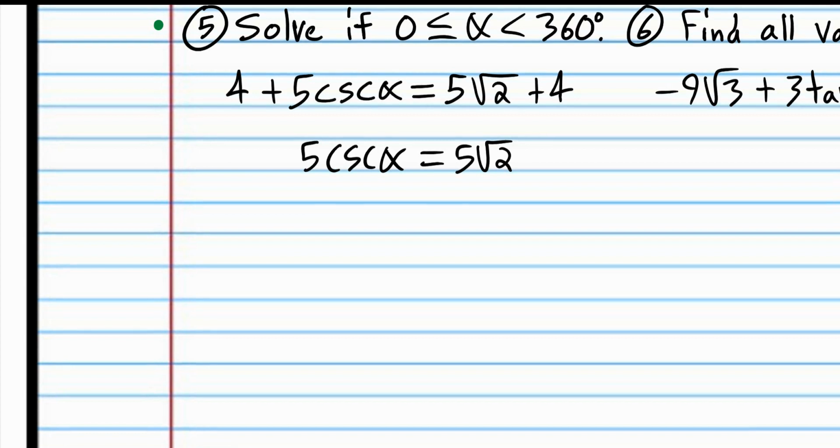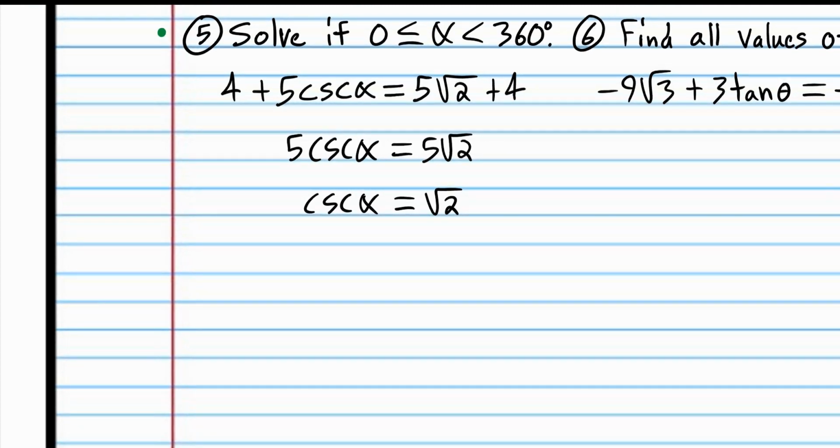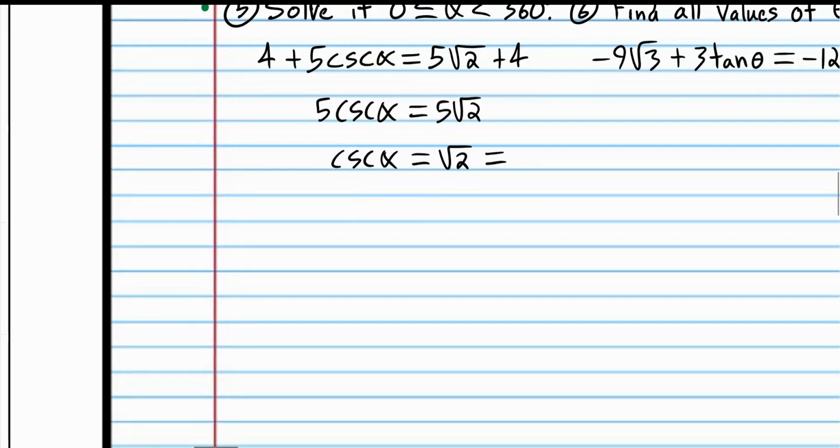And then we're going to divide both sides by 5. And we end up with root 2. You may recognize that as x root 2 over x. That's a 45, 45, 90 triangle, so we don't need a calculator.